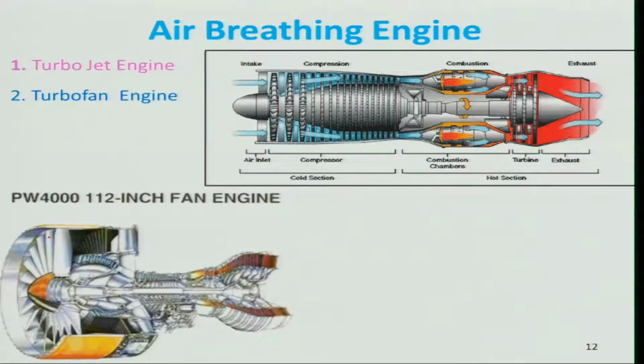Apart from that, there is a fan here, and of course the compressor is there, which is quite big, and then there will be some turbine and the combustion chamber.